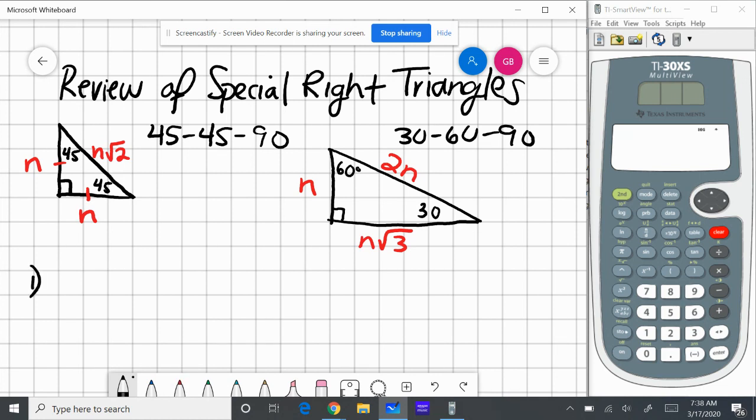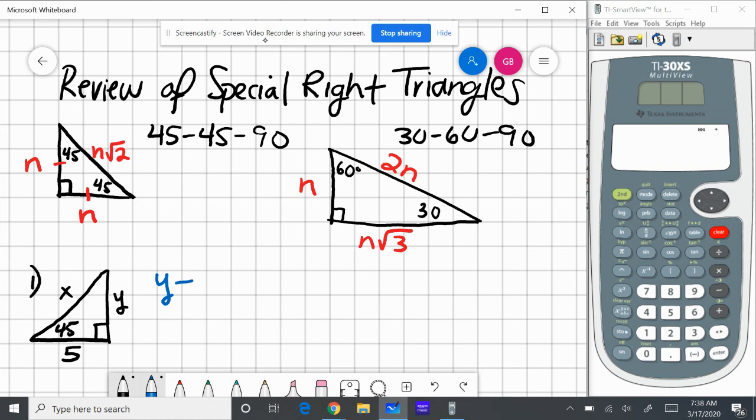Example 1. All right, so our job is to find the values of x and y. So we know that this is a 45, 45, 90 triangle.